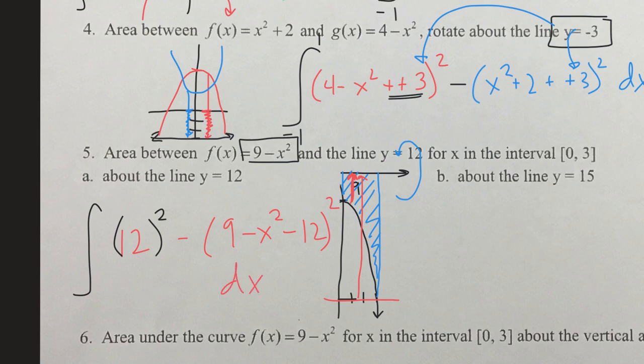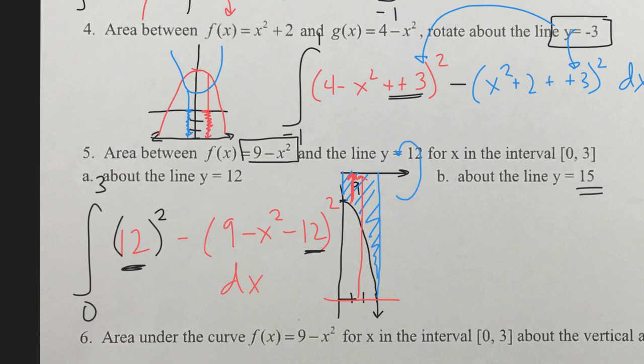Okay, so when we're rotating around a line other than 0, we have to account for that line in your equation. Okay, and it's from 0 to 3, they told us, if you did y equals 12. And then if you did 15, right, we'd be adding more to this, so we'd have different radiuses when we did change our different line, right? We'd move it 3 up, so we'd have to add 15 to our different lengths there.